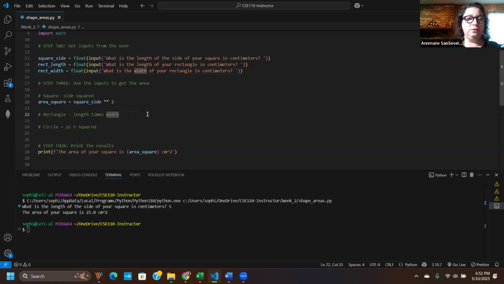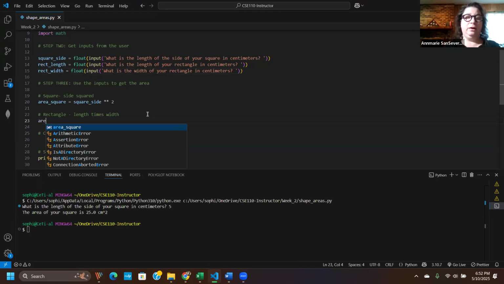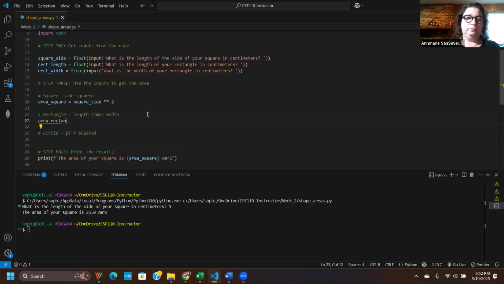Now I'm going to go to step 3, area rectangle. I want to spell it out. Equals rect length times rect width.